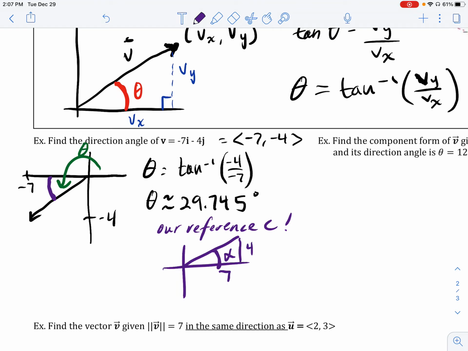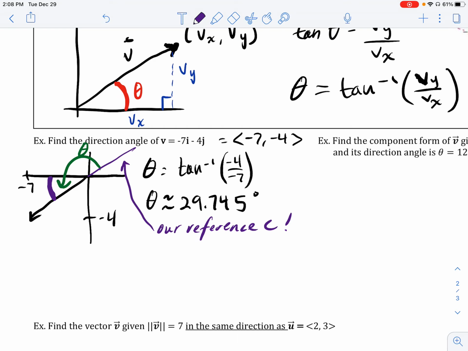That's what the calculator thinks we're doing because of what it understands about the range of inverse tangent. So we're going to leverage that. Since you're treating that as a reference angle, that's fine. We know that that represents this same angle over here. So the angle that the calculator gave us, we're going to say that is our reference angle there.